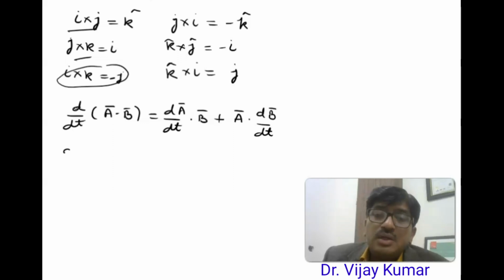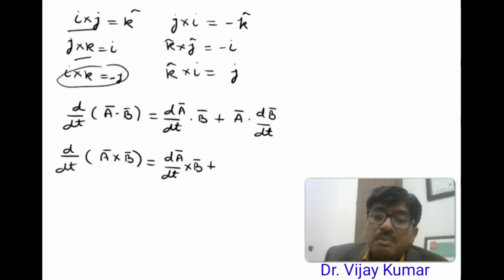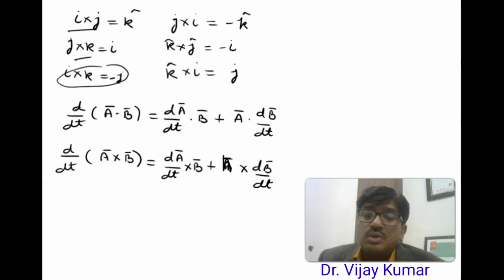Similarly, in case of cross product, d upon dt of A cross B should be dA upon dt cross B plus A cross dB upon dt.